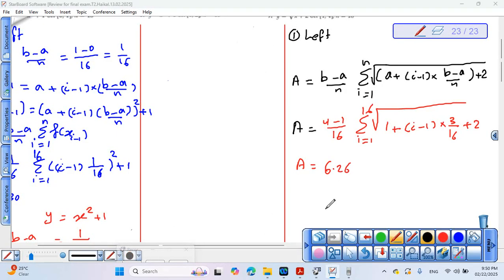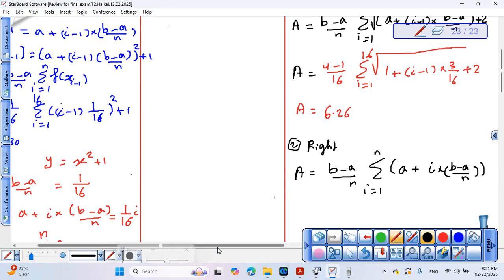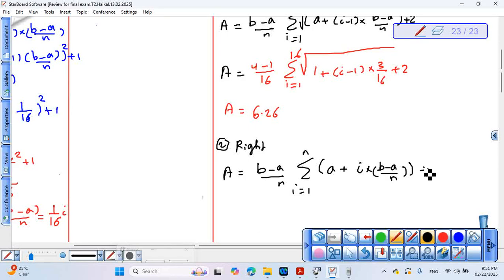Okay, the second method, from the right. In the same way you can use the formula directly. This is A equals (b minus a) over n, summation from i equals 1 to n, a plus i times (b minus a) over n, plus 2, as you see here, all under the square root. You can find this by using calculator.